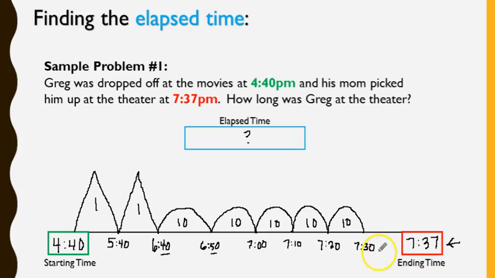Okay, now I can't do 10 more minutes again because it would be 7:40. We don't want to go past it, so I'm going to switch to a 5-minute hill. That would be 7:35.